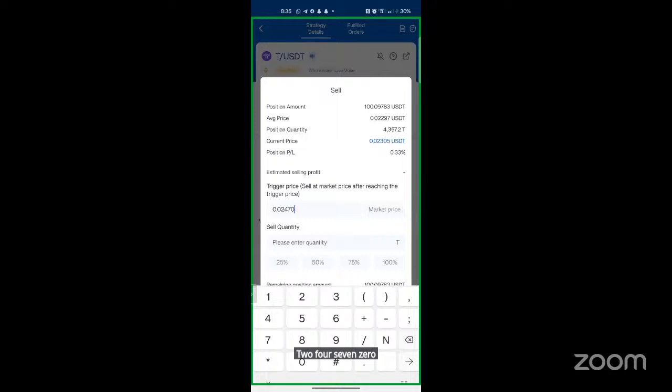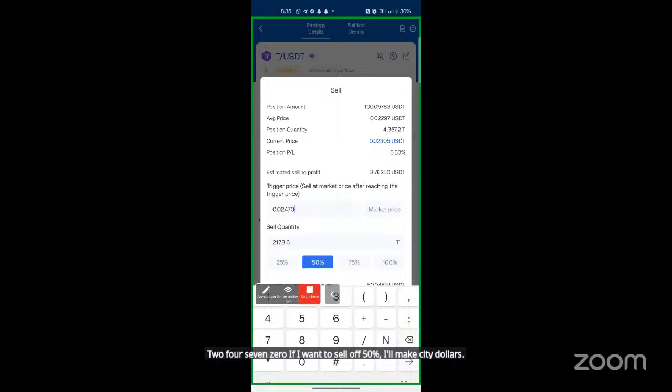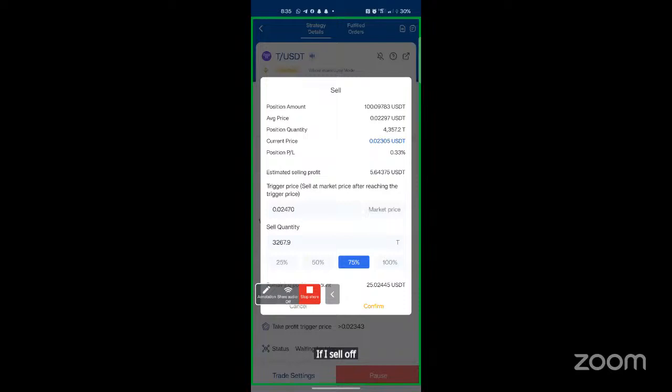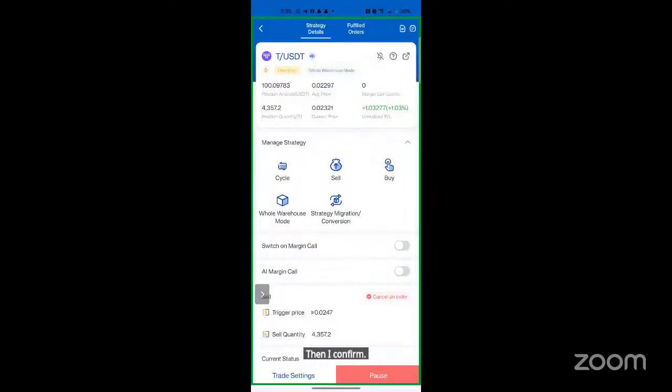If I want to sell off 50%, I'll make $3. If I sell off 75%, I'll make $5. If I sell off 100%, I'll make $7. Then I confirm. How many have understood? I want to repeat for the last time. How many have understood?